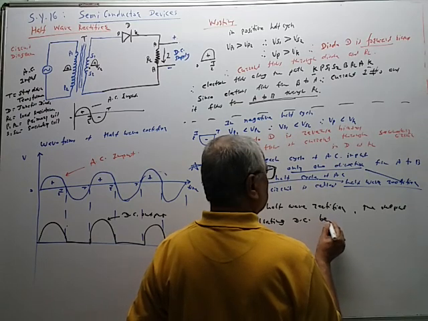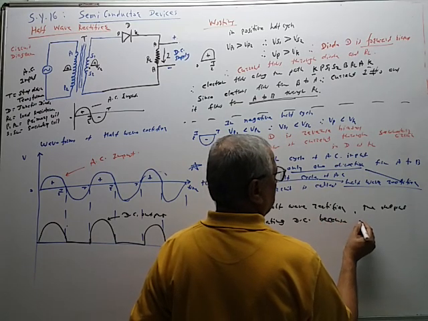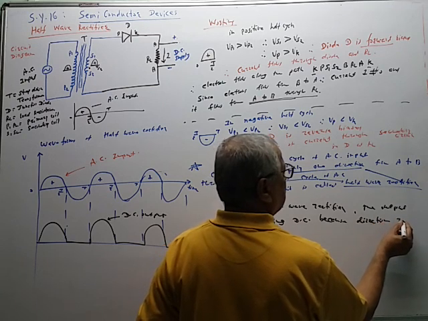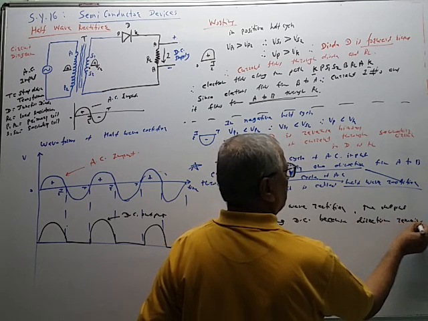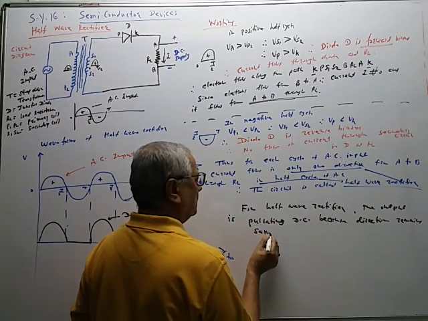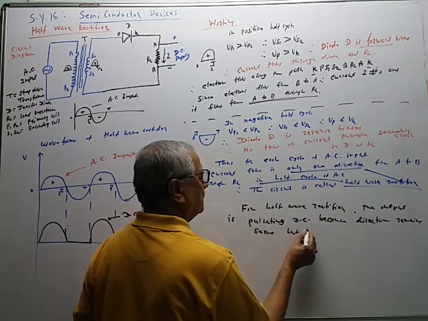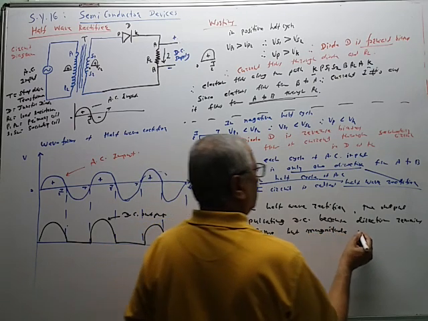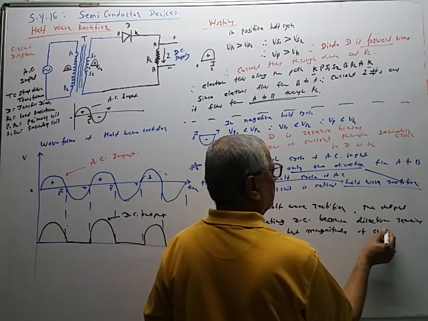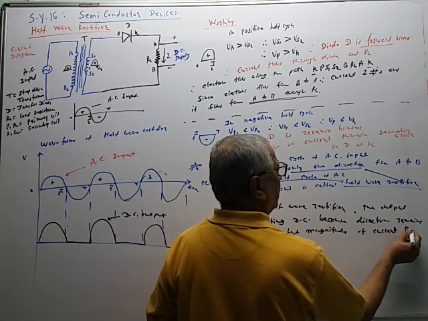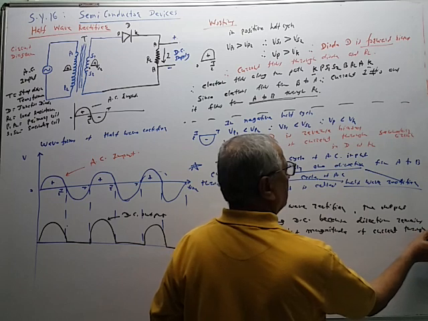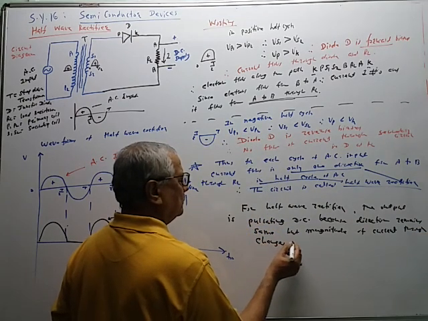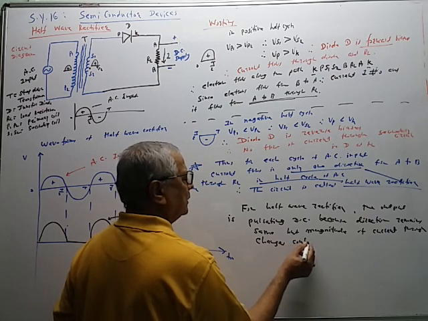Pulsating DC because direction remains same, but magnitude of current through RL changes continuously.